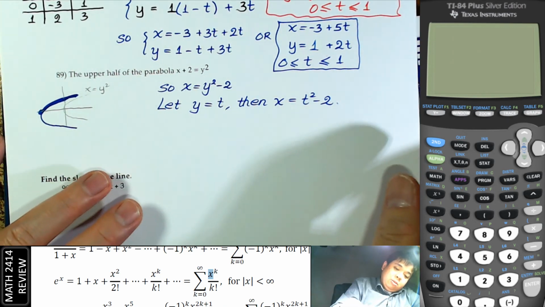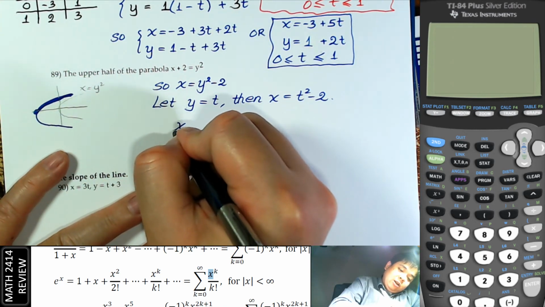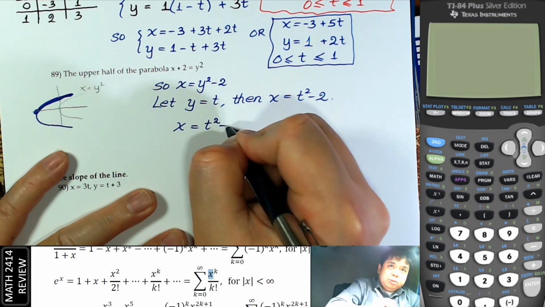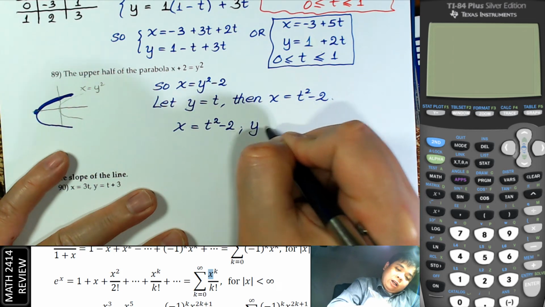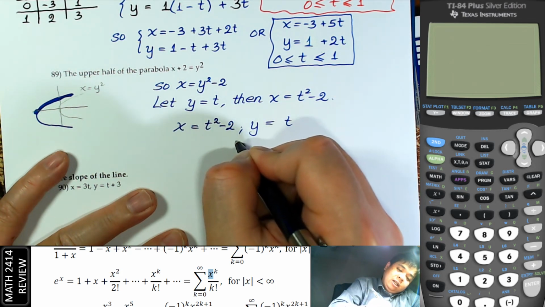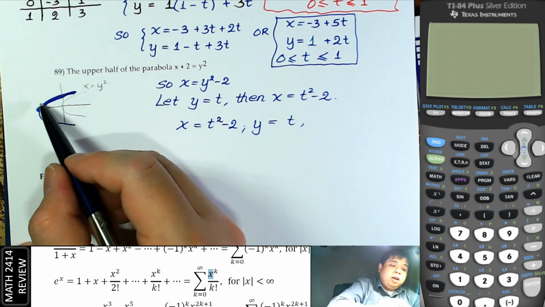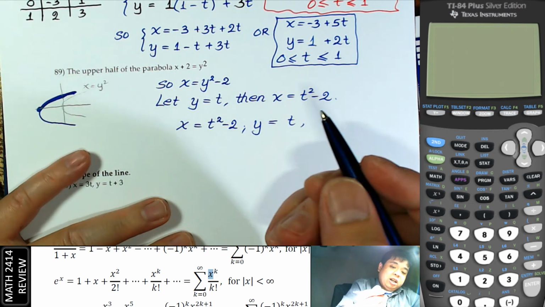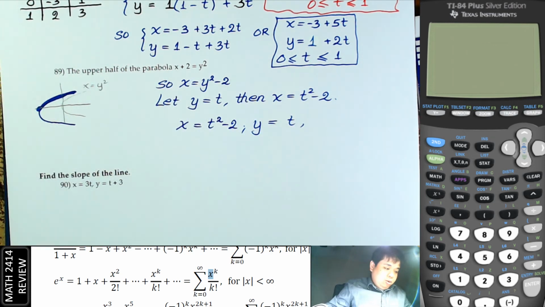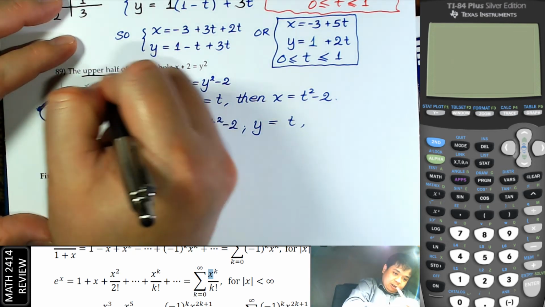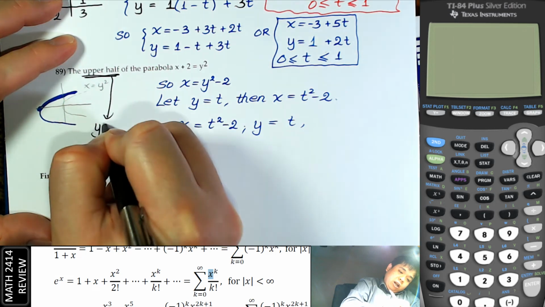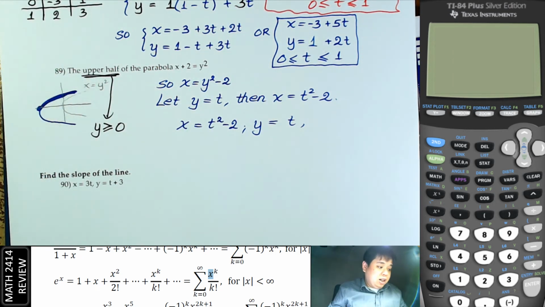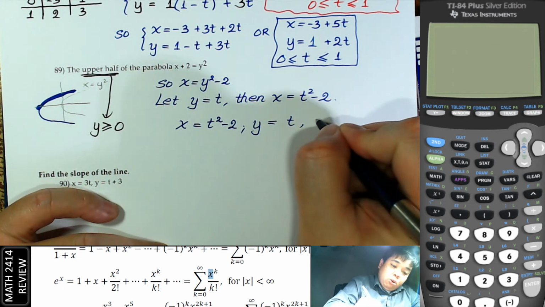So the parameterization is x equals t squared minus 2, y equals t, and y has to be positive. The upper half, greater than or equal to 0, right? So we want the upper half, meaning y greater than or equal to 0, and y is equal to t. If y is greater than or equal to 0, t is also greater than or equal to 0.